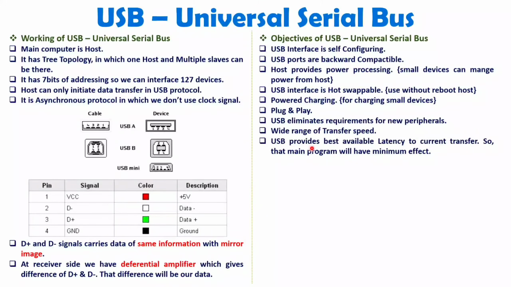So USB will manage that current transfer automatically so that it will not have any burden on the currently running task. So if the user is working with one program, then USB will manage the latency of the current transfer so that it will not be putting too much burden on the other program, right? So it will have no effect, or you can say minimum effect, on the main program.